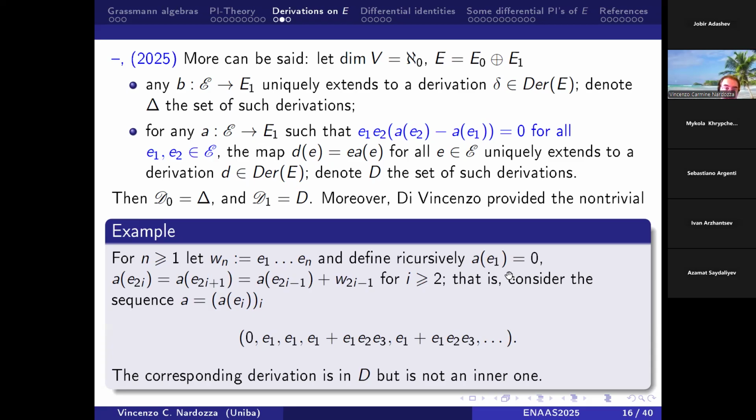This is an element of D that is in D1, but this derivation is not an inner one.